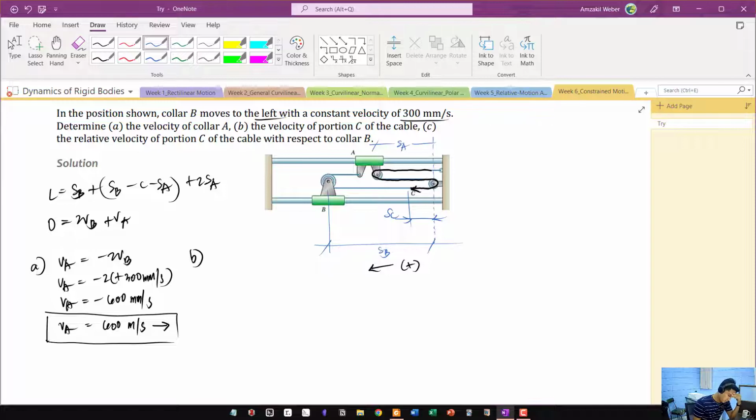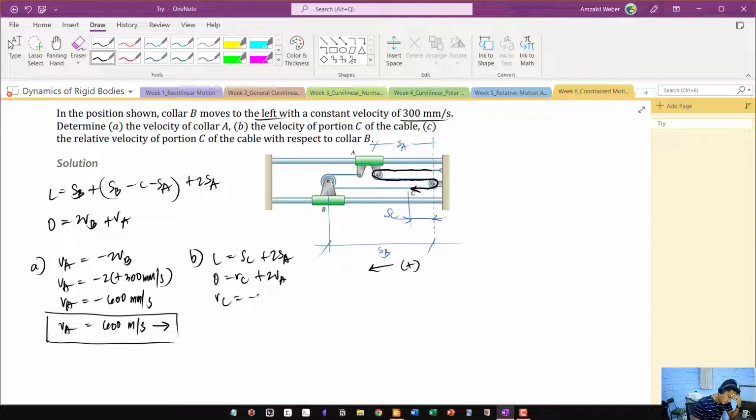That would mean the new length equation: length is equal to SC plus 2SA. Yeah, that's right. VC plus 2VA equals 0.